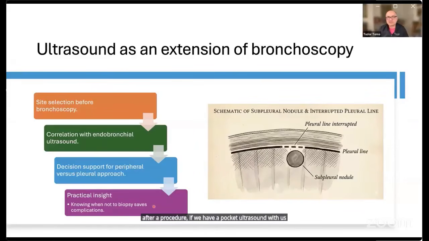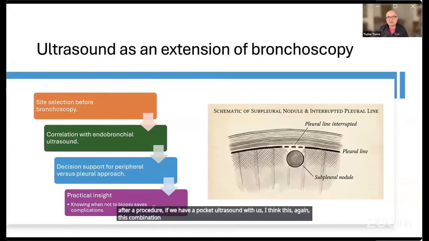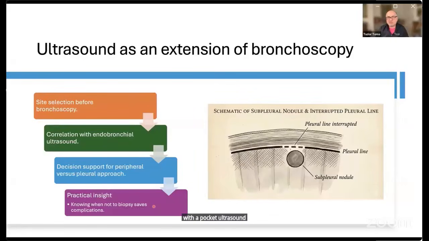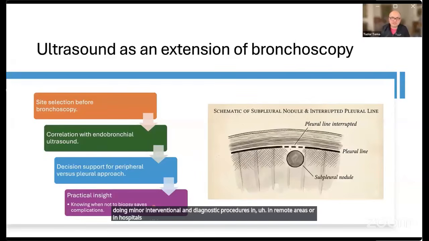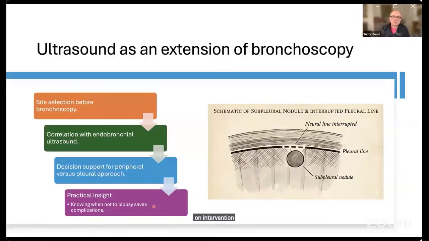So I think this combination of a single-use bronchoscope with a pocket ultrasound can open up the possibility of doing minor interventional and diagnostic procedures in remote areas or in hospitals where otherwise there isn't an interventional bronchoscopy unit.